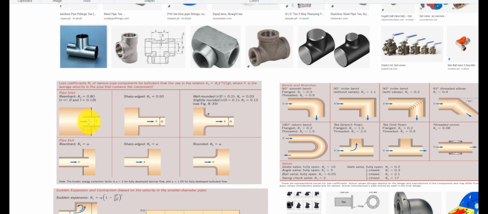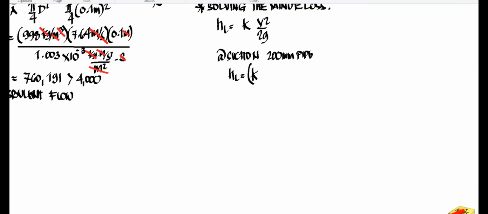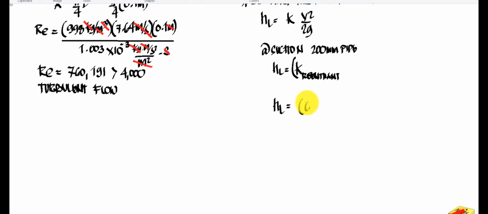Since we do not have the value of your L here, and also the value of your diameter here, re-entrant, we have the value of KL, which is 0.8. So that is the pipe inlet re-entrant. So this is HL, which is equal to 0.8.